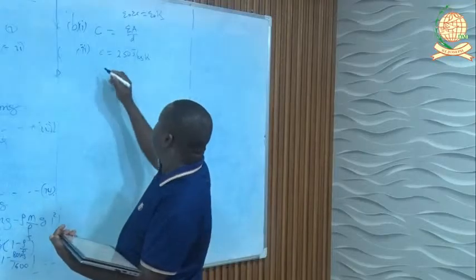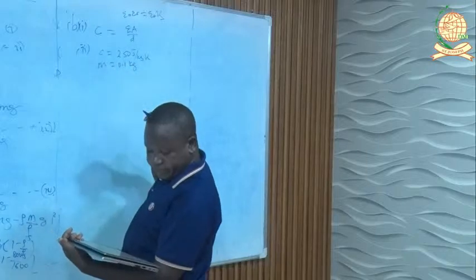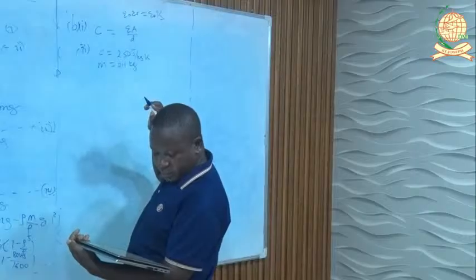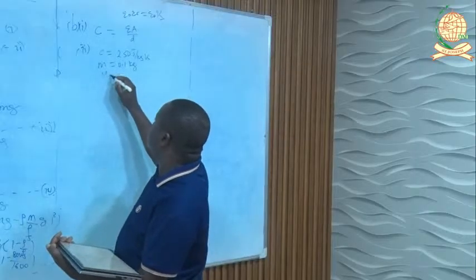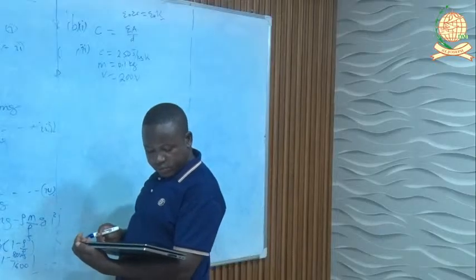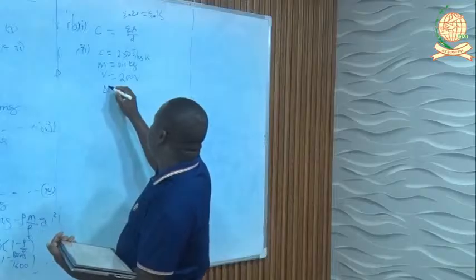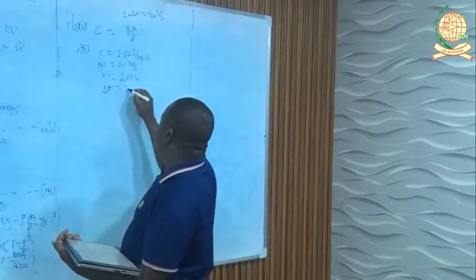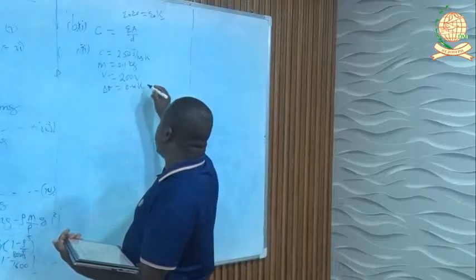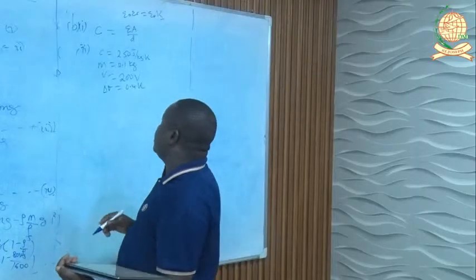The mass of the block is 0.1 kilogram, the voltage is 200 volts, and the change in temperature equals 0.4 Kelvin. What is the value of C?